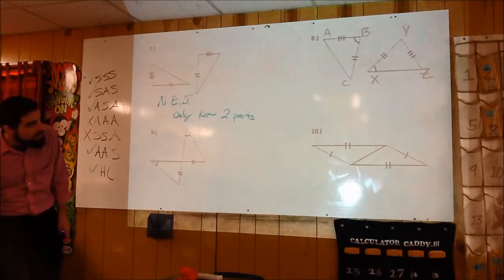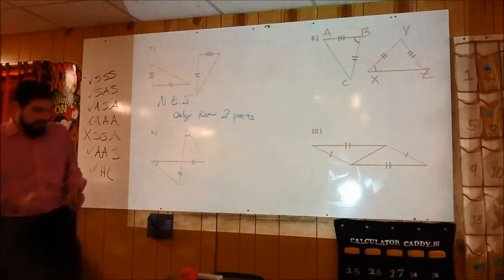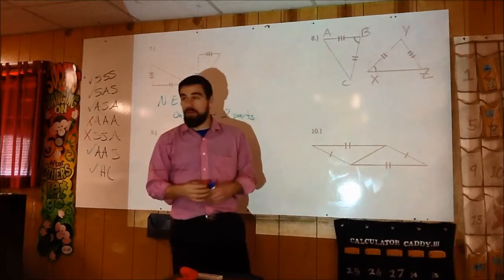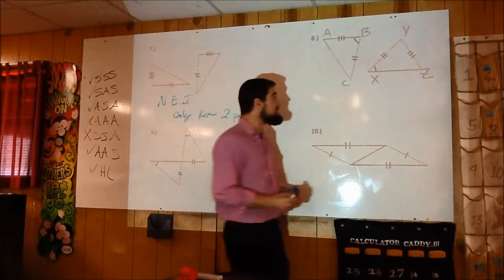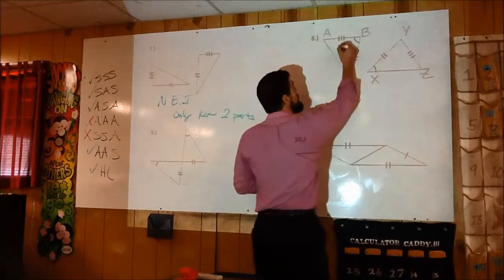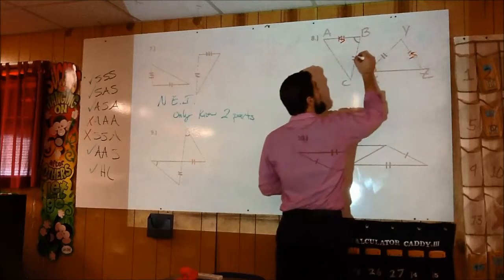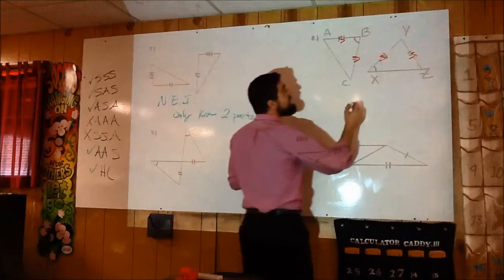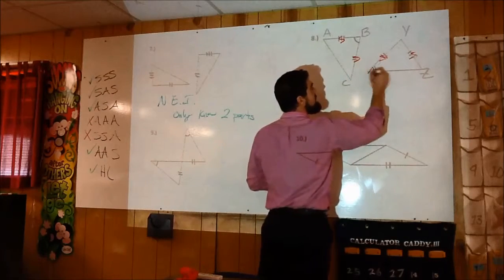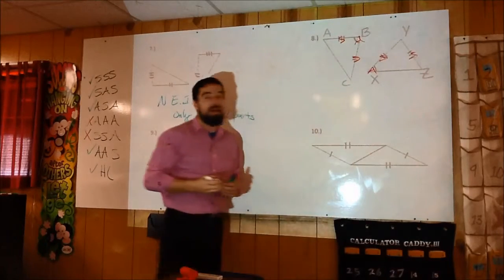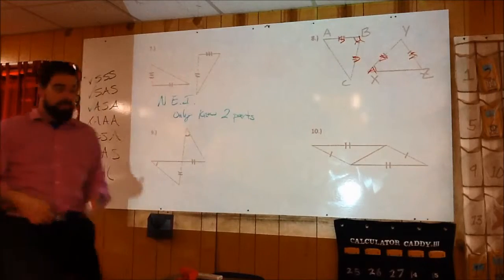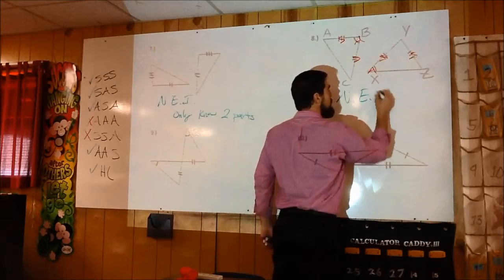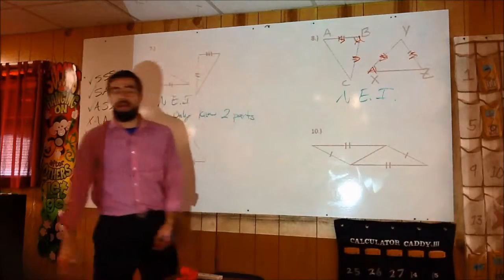Going over to number 8. Can we add anything to this diagram? No, they don't share anything. There's no vertical angles. So we're just going to have to figure out what we have. Well, this side is corresponding to this side with 3 marks. And then we have these two sides that are corresponding with the 2 marks of congruency. And then we have the angles. Is this enough information to prove that these triangles are congruent? No. Why not?